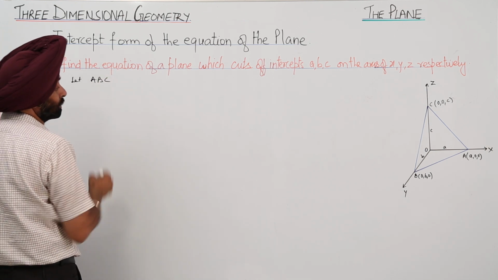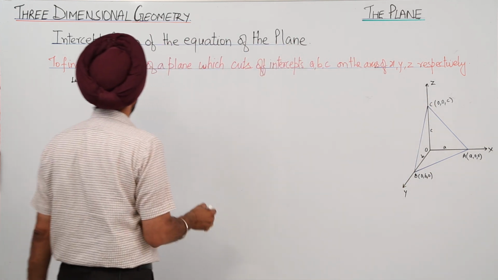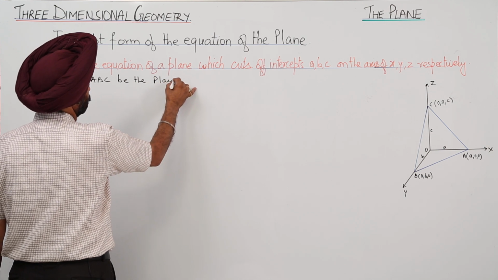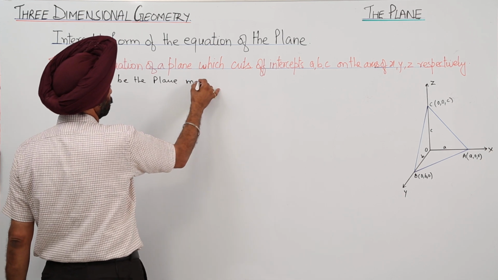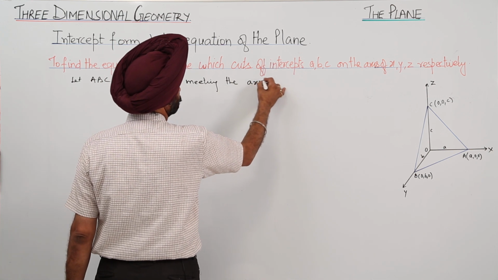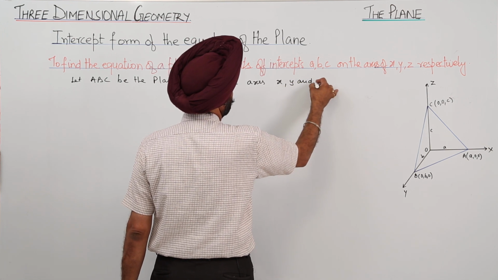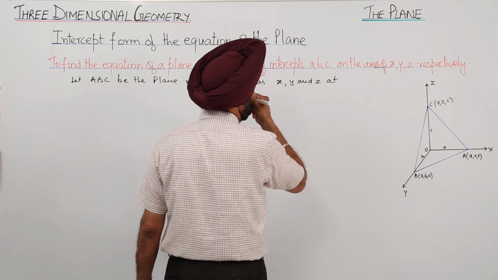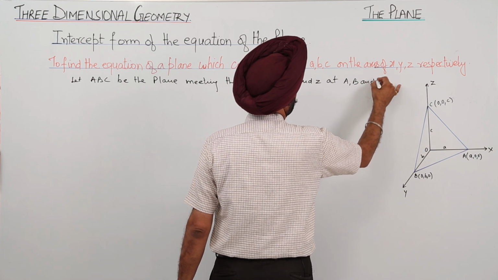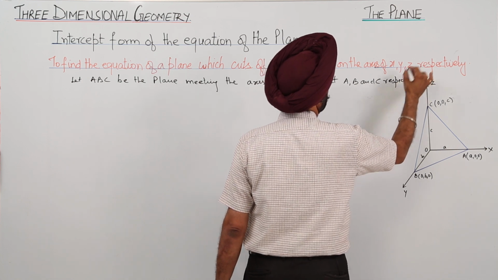A, B, C, I have mentioned here a, b and c. Let ABC be the plane meeting the axes x, y and z at a, b and c respectively.